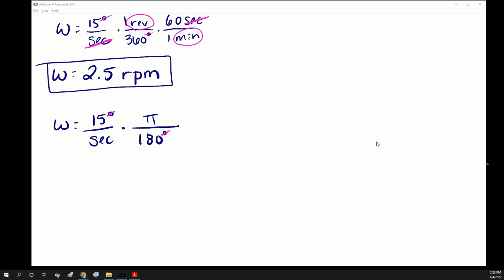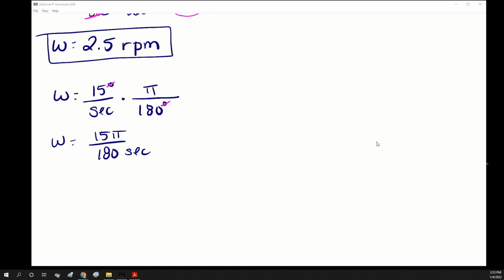So then you're just going to multiply across the numerator. So that's 15 pi over 180. 15 actually divides into 180 12 times. So this is going to be pi over 12 radians per second. I don't even like doing that radian. They wrote it that way, but I don't really like it. It's unnecessary.